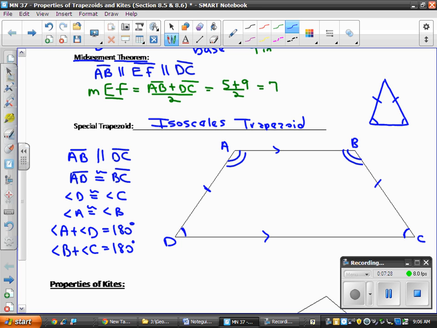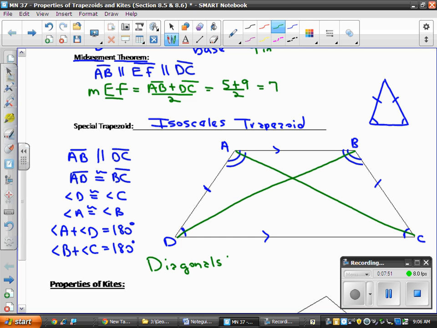We haven't talked about diagonals, and really the typical trapezoid doesn't have anything interesting with the diagonals, but the isosceles does. If I draw in my diagonals in green here, the interesting thing about the diagonals, and this only applies for the isosceles trapezoid, is that the length of AC, which is the one diagonal, is going to be congruent to the other.